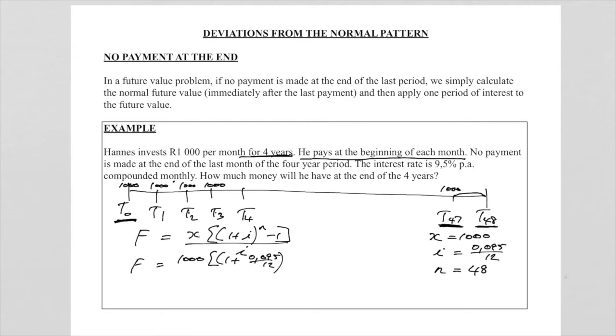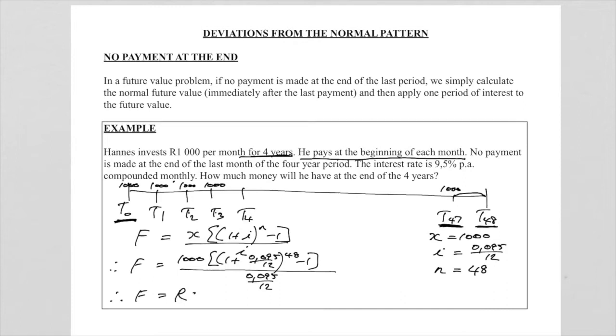And my exponent, the number of payments, 48, minus 1, and that we divide by i, which is 0,095 over 12. Now, we can just put this whole fraction on our calculators. And I want you please to check your answer.